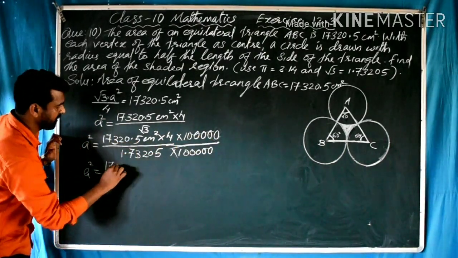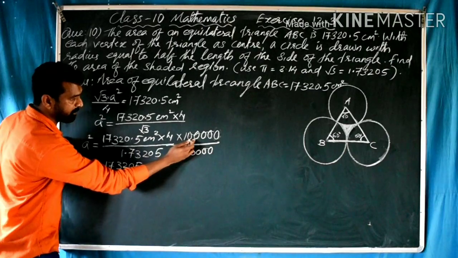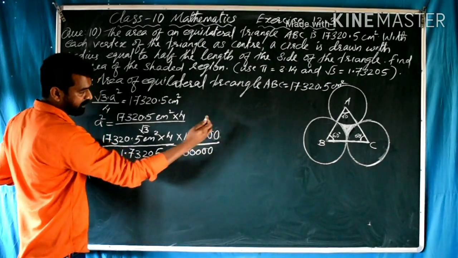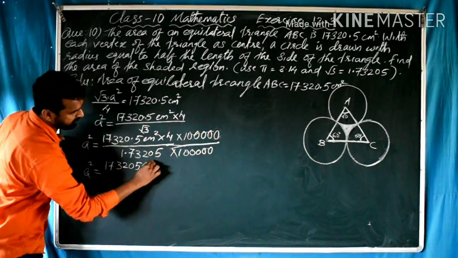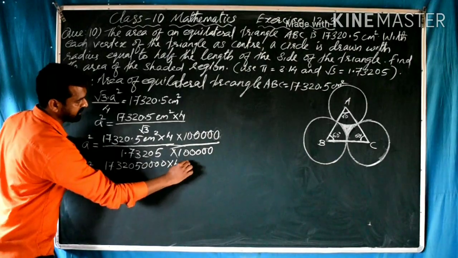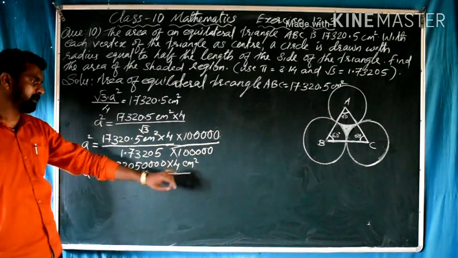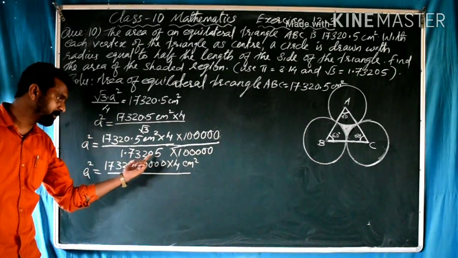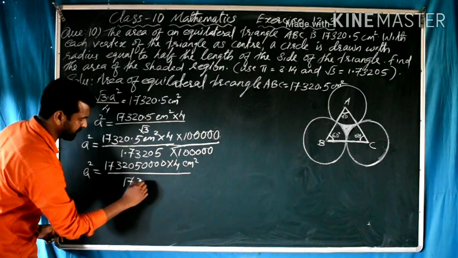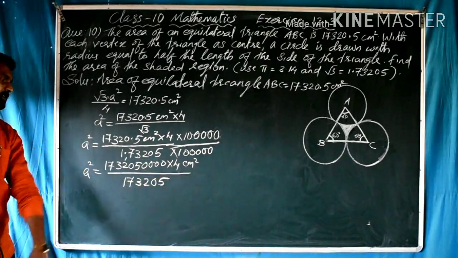What will the answer be? It is 173,205, and the decimal point moves one place to the right, then 4 more zeros are put here, into 4, centimeter square, divided by 1.73205 into 1 lakh, where the decimal point moves 5 places to the right, giving 1,73,205.